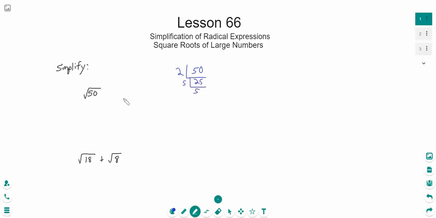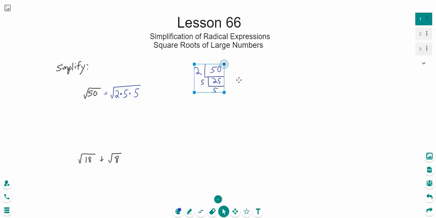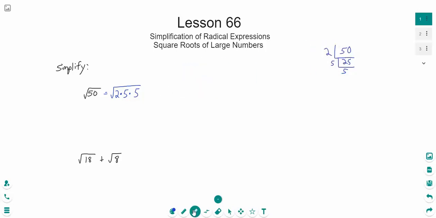So we can write the square root of 50 as the square root of 2 times 5 times 5, which can also be written as the square root of 2 times the square root of 5 times the square root of 5. Remember the properties of roots.